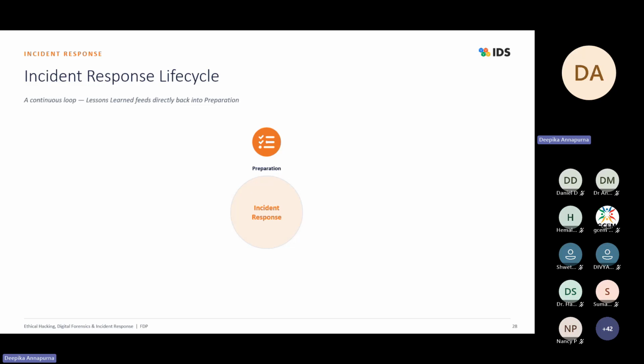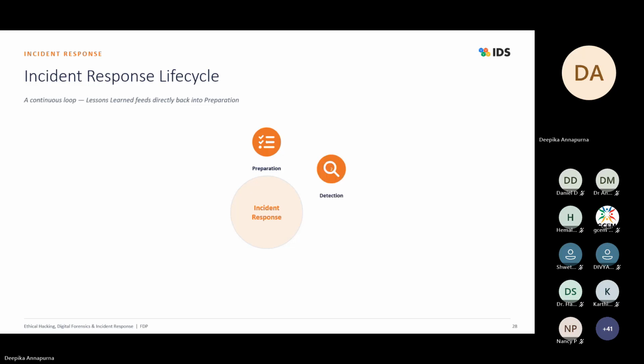They include policies, backup strategies, or security awareness for all the employees inside the organization. They will have monitoring tools. They will have incident response teams and the contact list. So organizations prepare for all these things before any incident occurs.